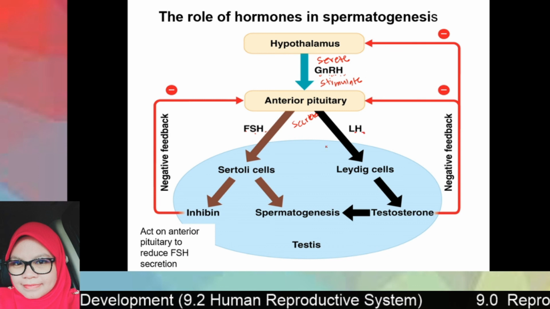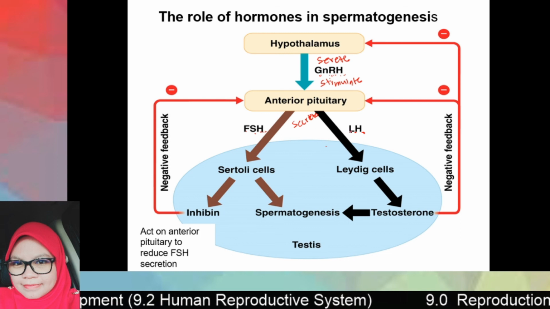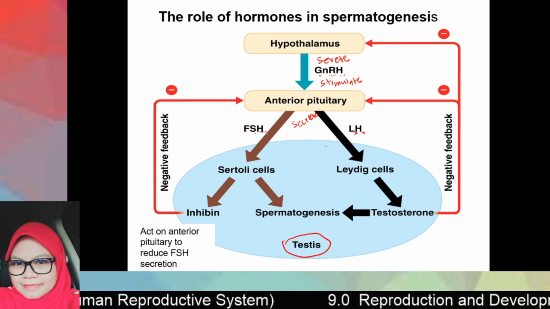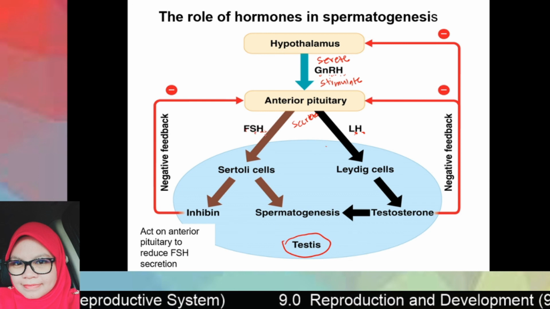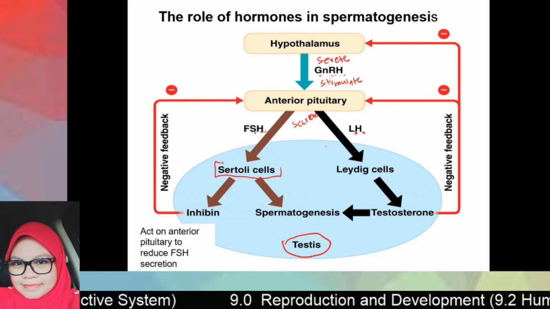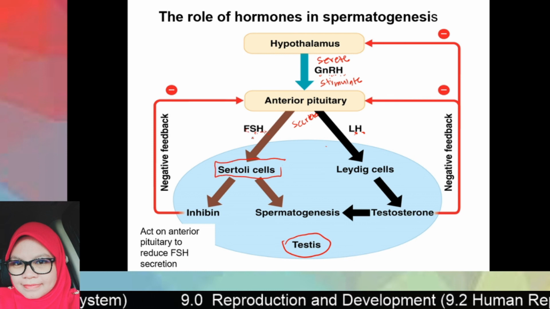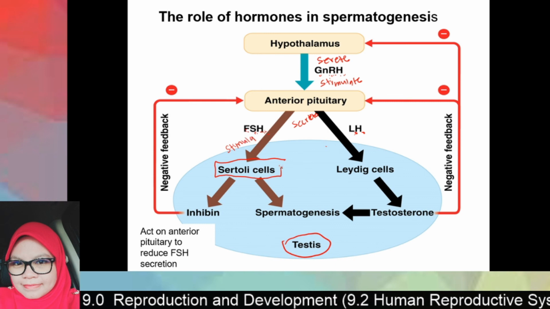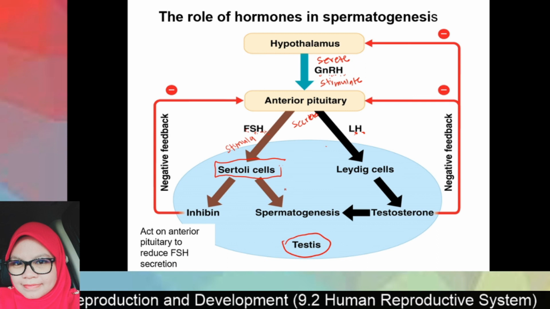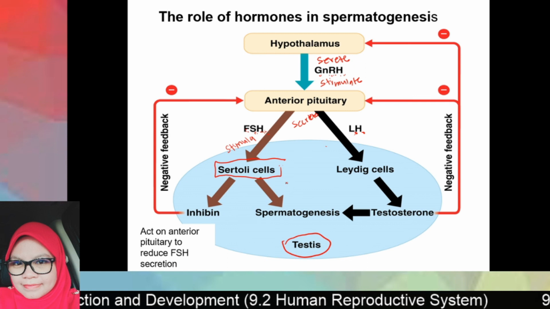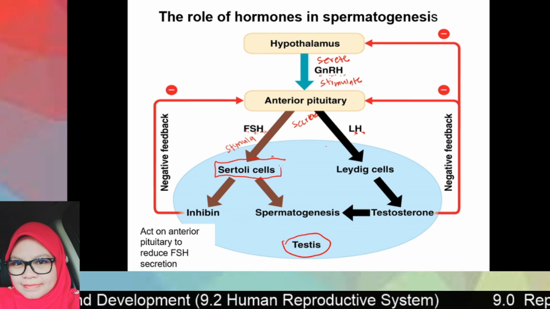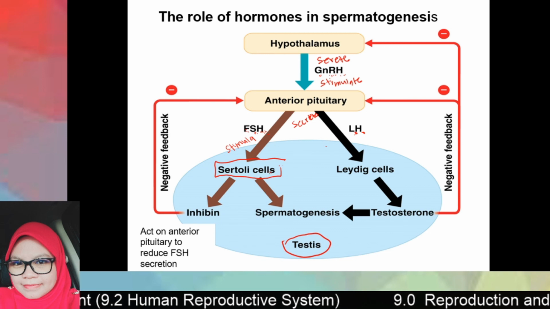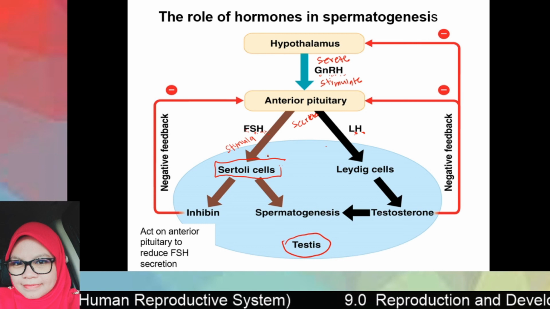The target area for FSH and LH is at the testis. The target cell for FSH is the Sertoli cell. FSH will stimulate Sertoli cell to facilitate development of sperm, or facilitate spermatogenesis, because Sertoli cell will nourish the spermatid.